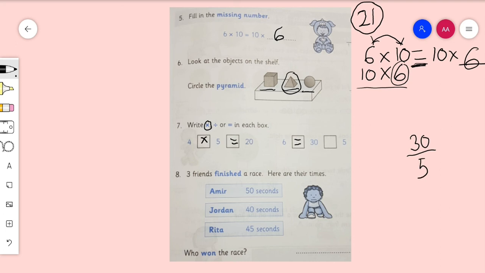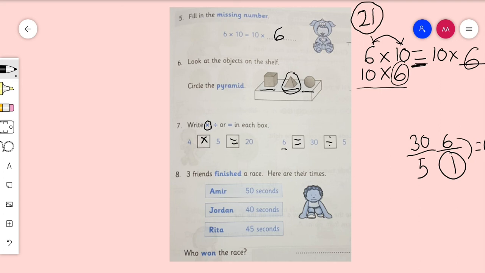Let's start with the 5 times table. 5 times 1 is 5, and 5 times 6 is 30. And because there's a 1 here, we can times them, and 6 times 1 is equal to 6. And the answer is correct here, which means we can write divide here.